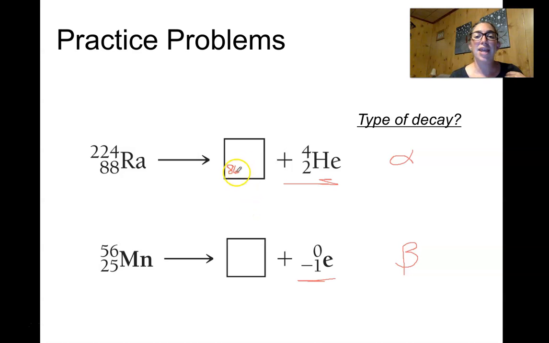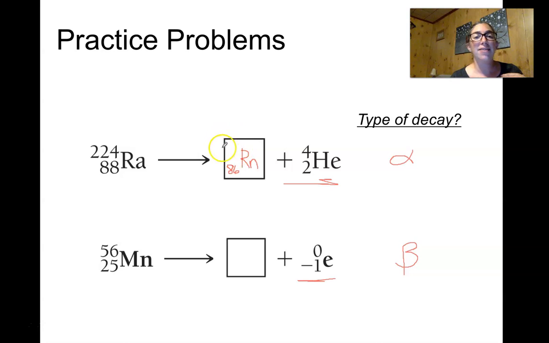Or another way to think of it is 86 plus 2 equals 88. So that's our new atomic number. Well, 86 protons is not a radium atom. If we look at the periodic table, 86 is radon, which is Rn. The chemical symbol for it is Rn.